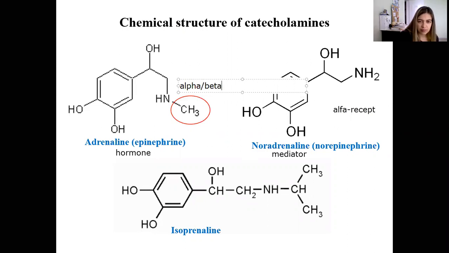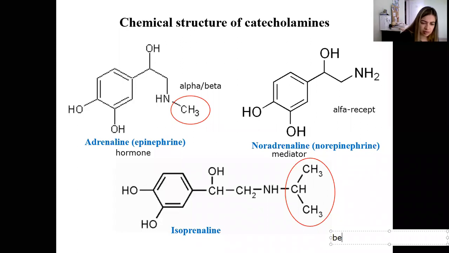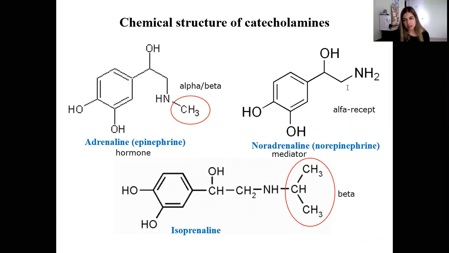And for example, in isoprenaline, you can see that the radical is much bigger, so it can stimulate only beta receptors. The bigger the radical is, the more affinity to beta receptors and less affinity to alpha receptors. Here nothing, so alpha. Here something, so alpha and beta. Here not just something, but a big radical, so only beta.